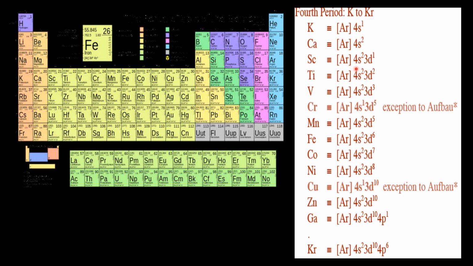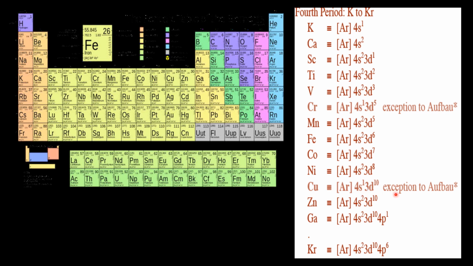So we have the electronic configuration 4s2 3d1, then 4s2 3d2, 3d3 and so on until we reach chromium. There is an exception to the Aufbau principle: instead of 4s2 3d4, we have 4s1 3d5. We fill the electrons for iron, cobalt, nickel, copper, zinc and so on.